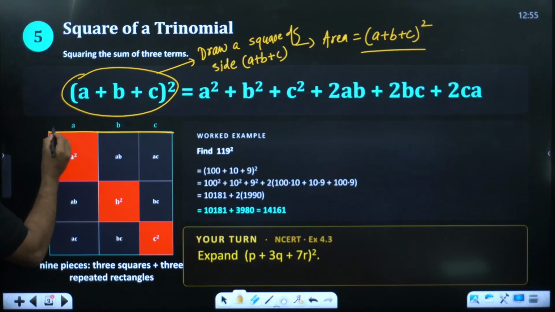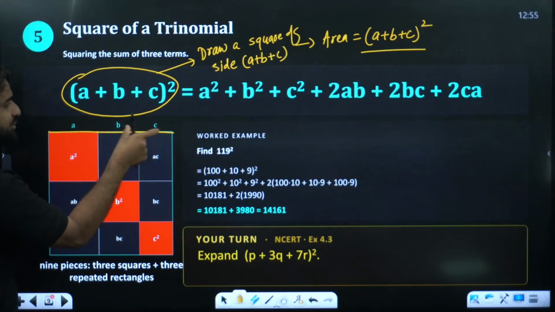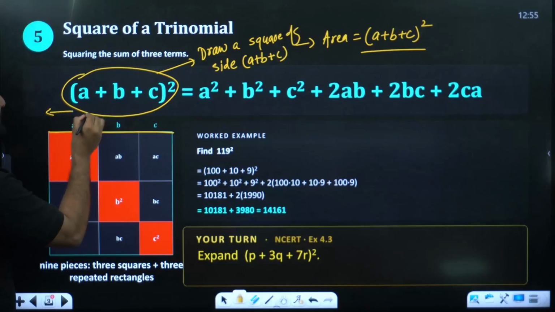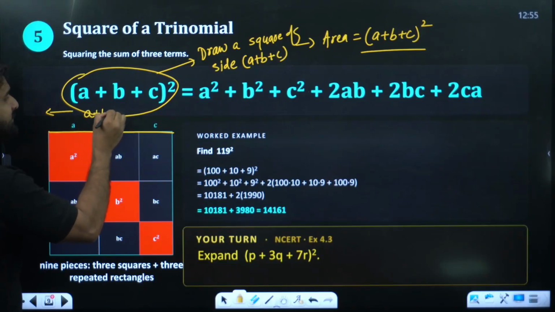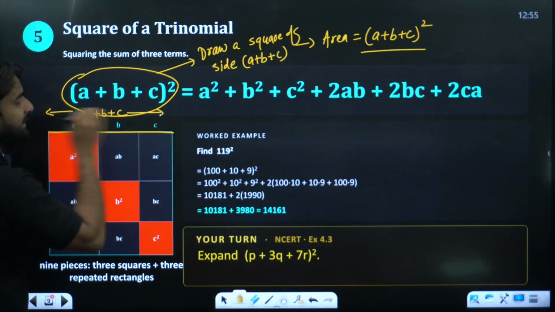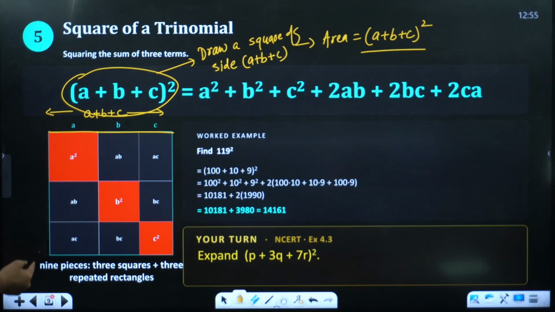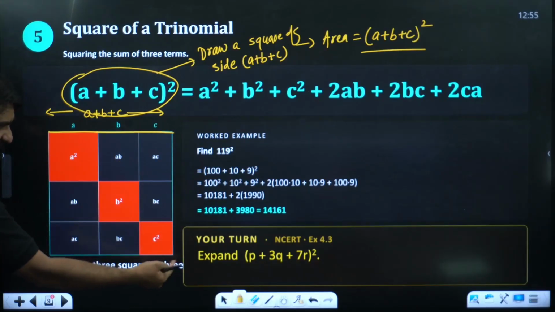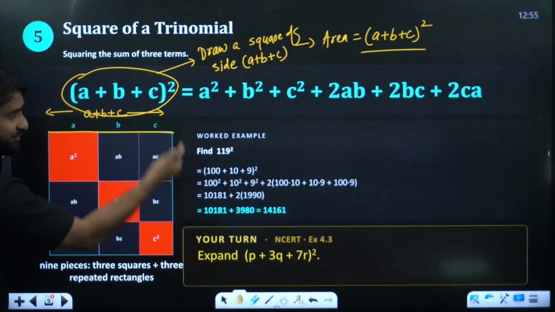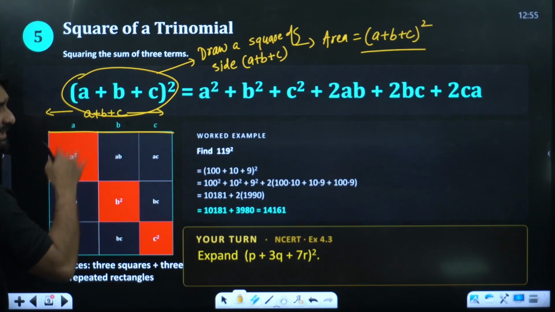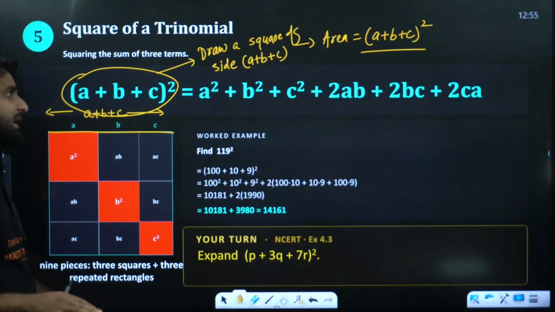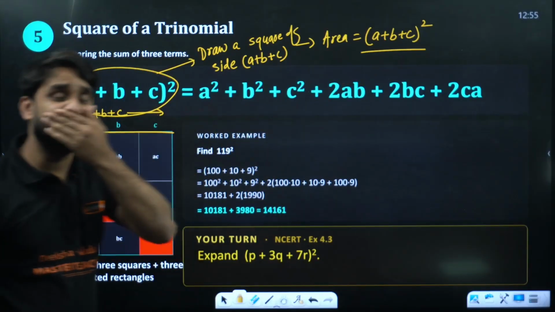If this is the a portion, b portion, c portion, then this entire side is equal to a plus b plus c. And the same here, this side is a plus b plus c. So this square will be of side a plus b plus c, and if you write the area of that square, it will look like a plus b plus c whole square.